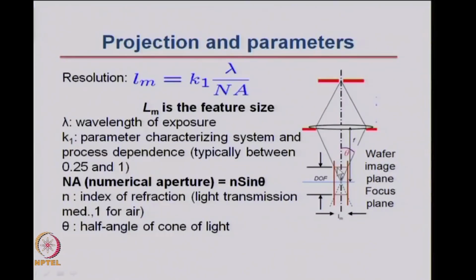So, this theta you can vary to increase the aperture to a certain extent, and you can change the refractive index by changing n. So, you can control the numerical aperture and you can get a better resolution if you have a high numerical aperture. So, the wavelength of light and the numerical aperture both control the resolution, and you want a low wavelength and high numerical aperture to achieve the best resolution.